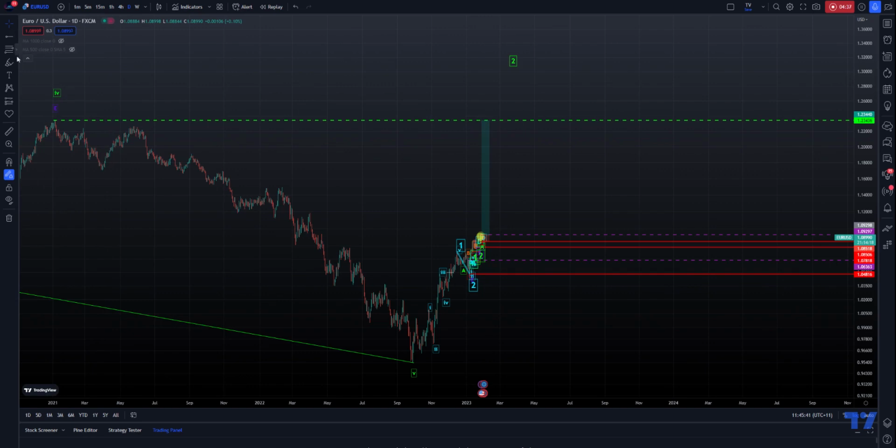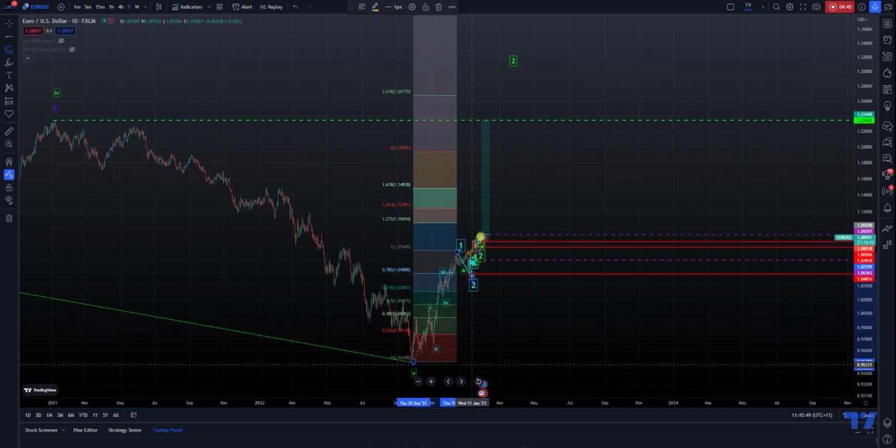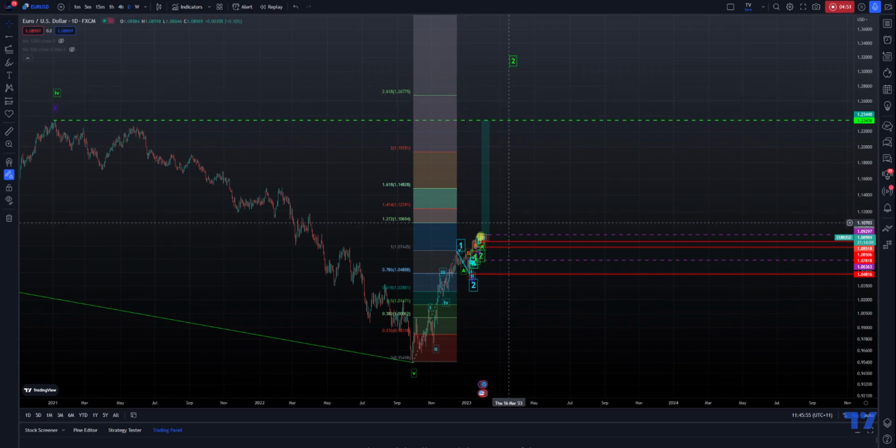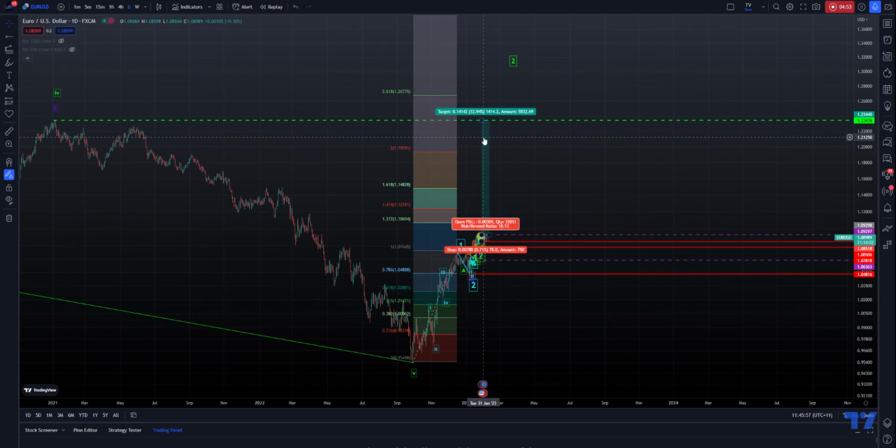Now, in terms of Fibonacci extensions and that sort of thing, I'll have a quick look at that now. So yeah, 2.618 is just above it. You can use a fib to potentially increase your target, but as a minimum expectation, I'd expect it to go and touch the previous high, but like I said, it could go higher.